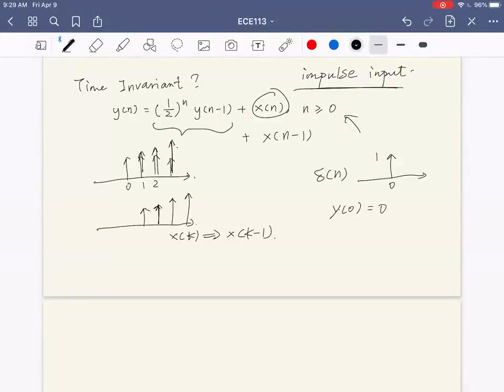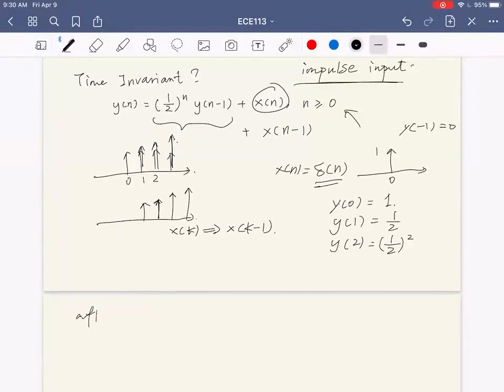Because we know y of minus 1 is 0, and oh, sorry, anyone correct me? All right, so y of minus 1 is 0, and x of 0 is 1 because it is delta of n. So we have y of 0 equals 1, and then we propagate it, right? And after shifting the input, our new x of n becomes delta of n minus 1, which means we get a 1 at n equals 1.